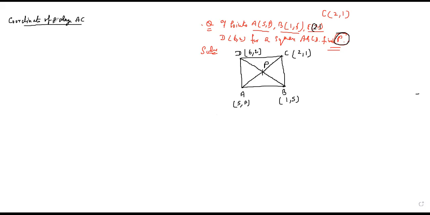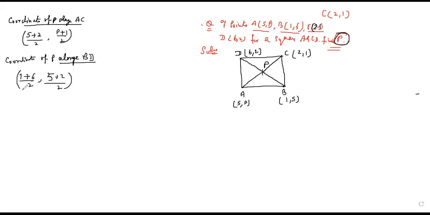Coordinates of P along AC: 5 plus 2 upon 2, P plus 1 upon 2. Coordinates of P along BD: 1 plus 6 over 2, 5 plus 2 over 2.